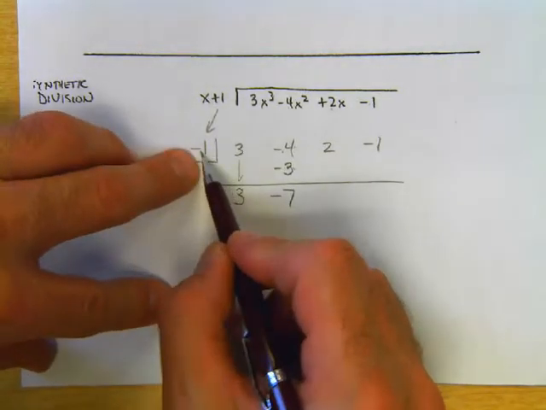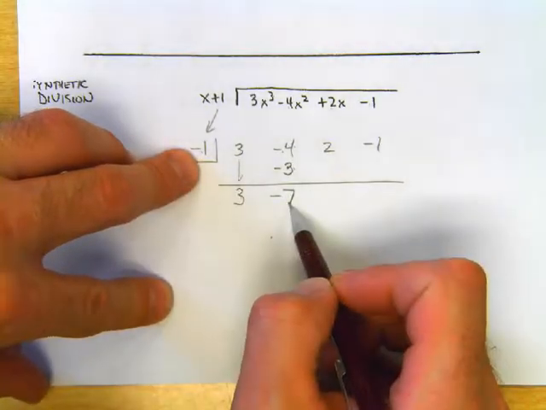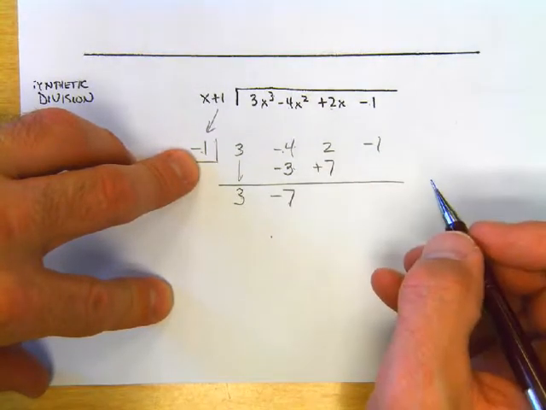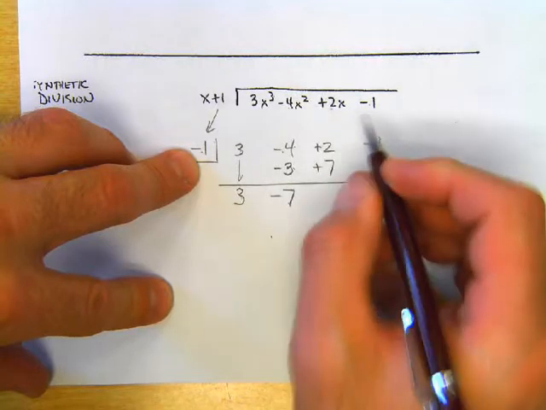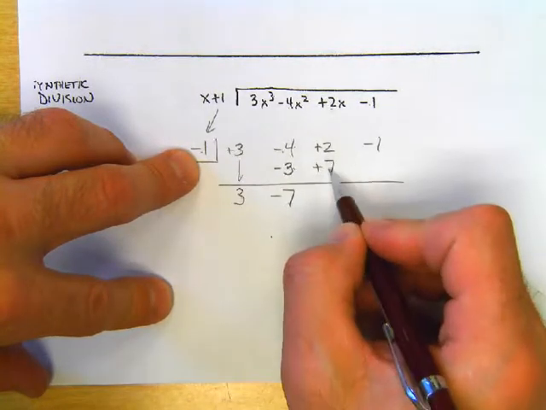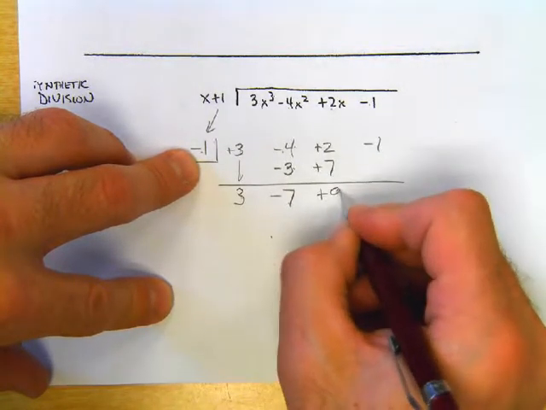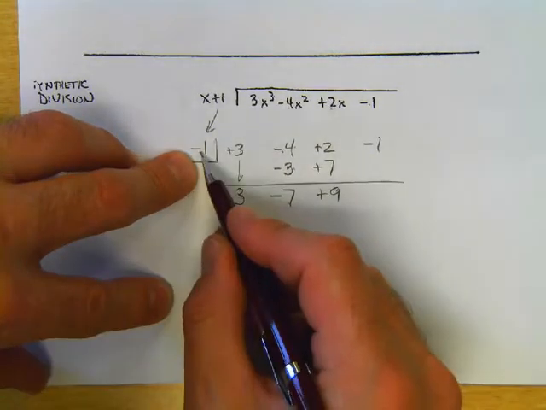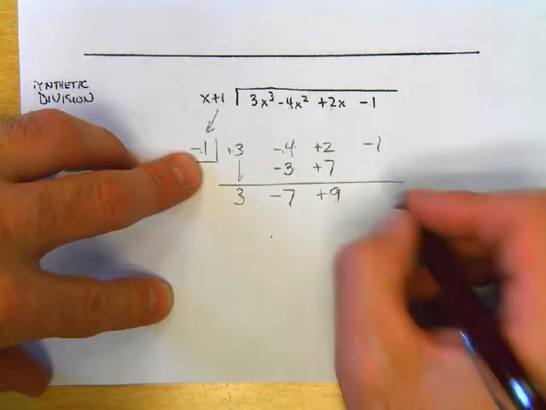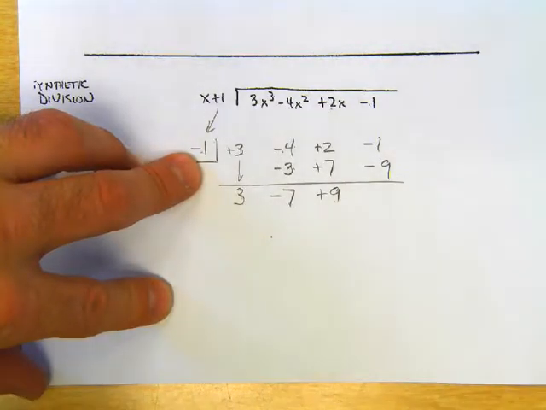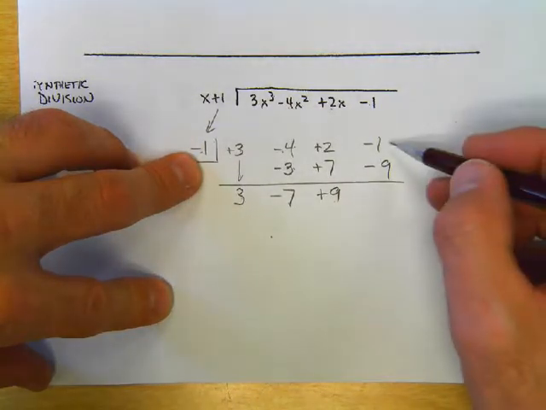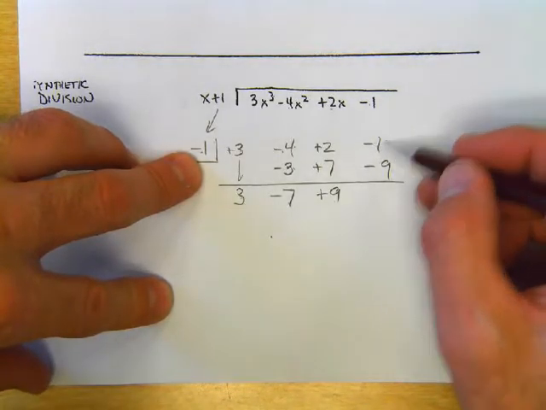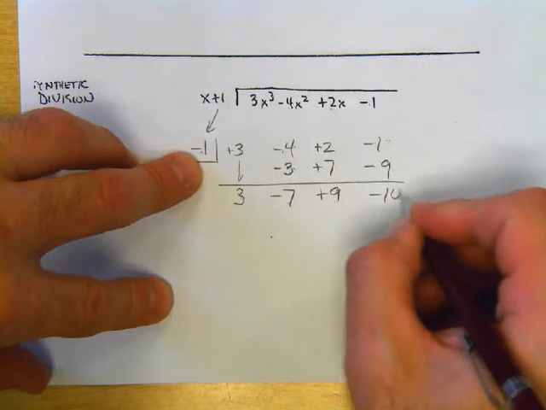Negative 1 times negative 7 is positive 7. Positive 2 plus 7 is positive 9. Negative 1 times 9 is negative 9. Combine these terms using the signs in front. Negative 1 minus 9 is negative 10.